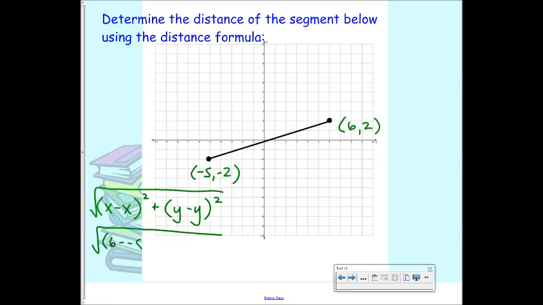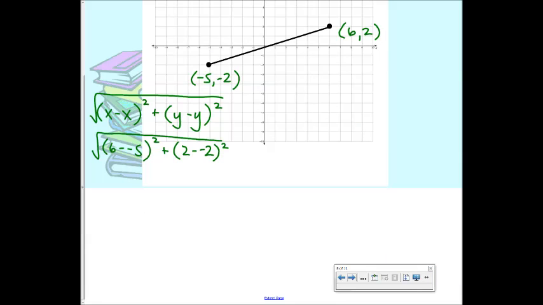2 minus -2 squared. What's 6 minus -5? Yeah, because all that does is make it a positive. So it's 11 squared plus, what's 2 minus -2? 4 squared. What's 11 squared? And what's 4 squared?